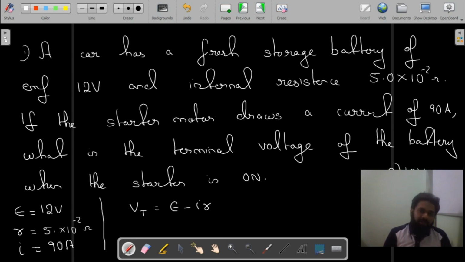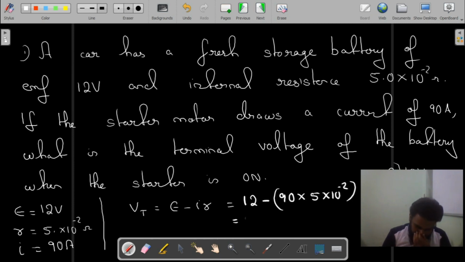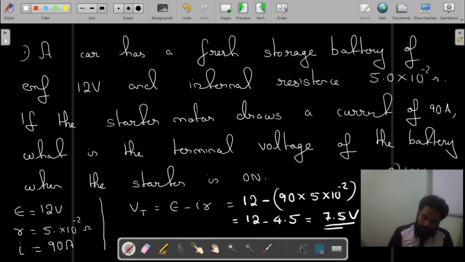External resistance is not given in the question, so we use E minus IR. So 12 volt minus 90 into 5 into 10 raised to minus 2. If you do this, we get 4.5. 12 minus 4.5 gives 7.5 volt. Option B. Clear?